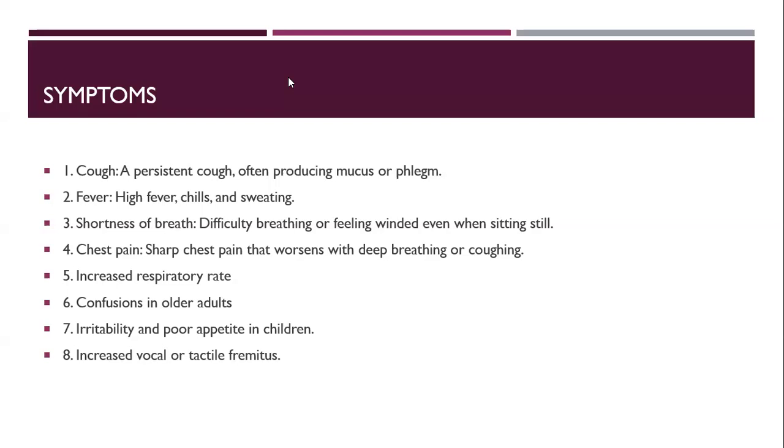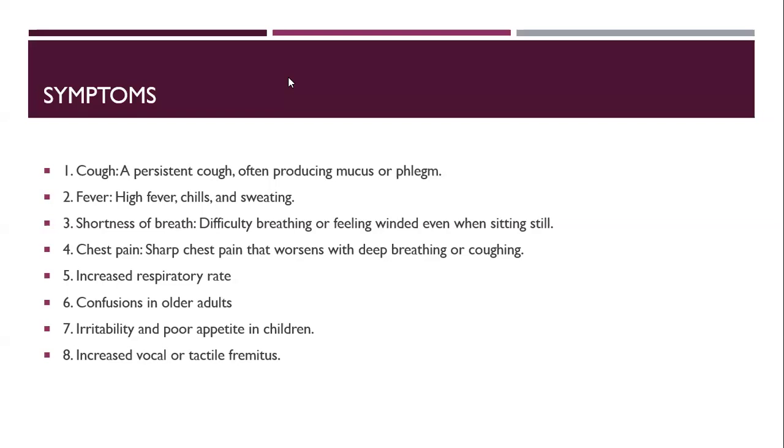Okay, because sound travels best in dense areas or dense environments. So in areas where there's too much fluid density, it will travel very, very well. But if there's air, sound does not travel well in air. That is why in pneumothorax there's air in the pleural space, so the sound does not travel to your back.